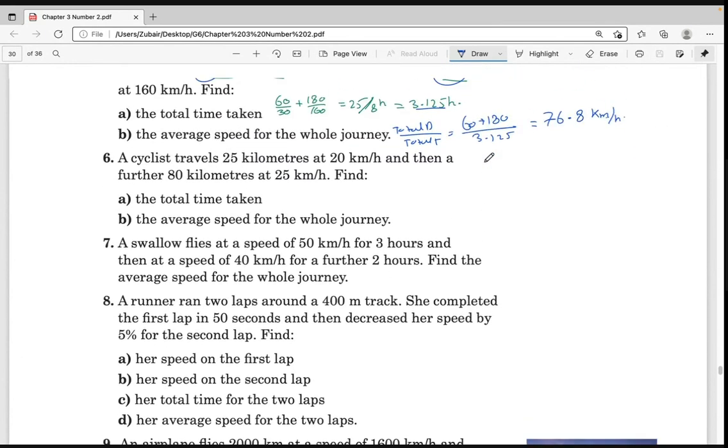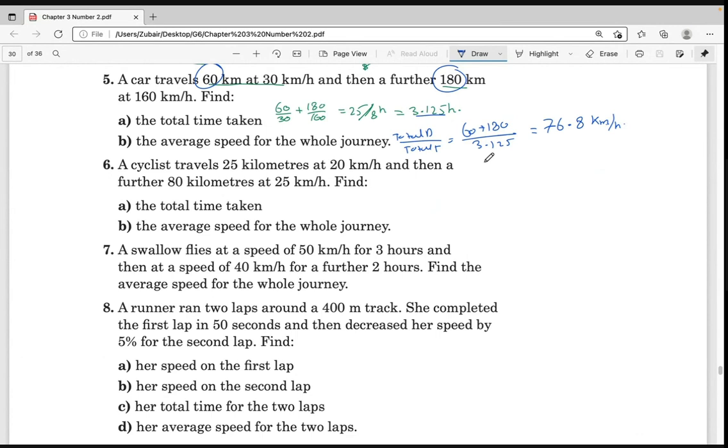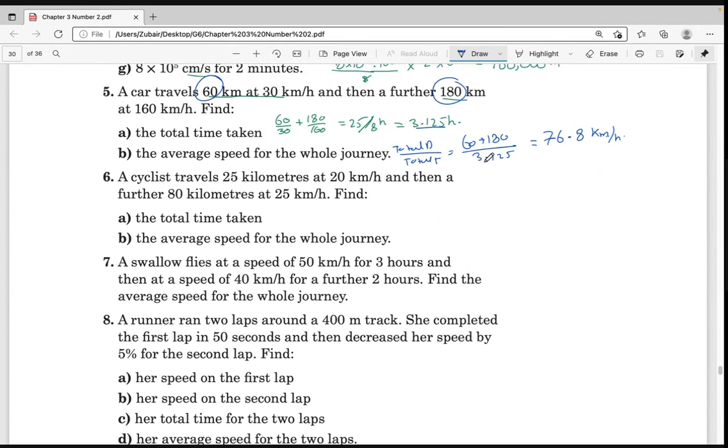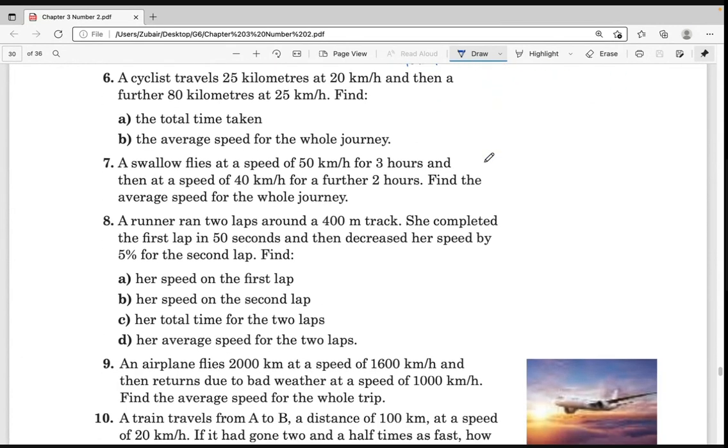Try question number 6. Any confusion in 5? No, sir.